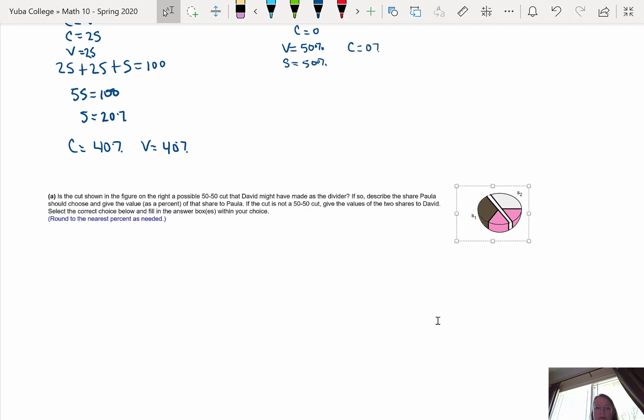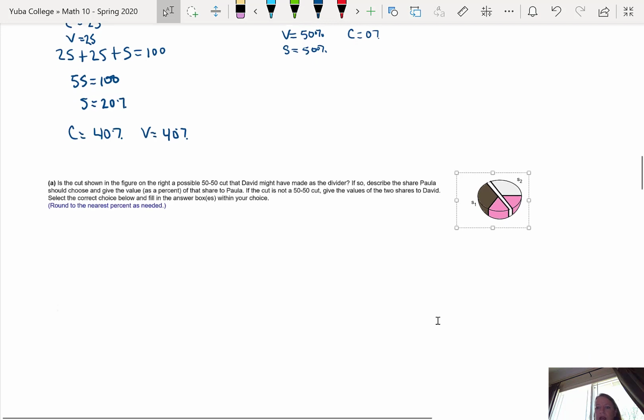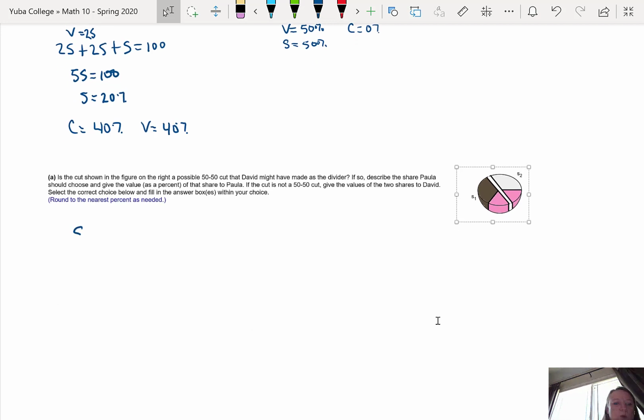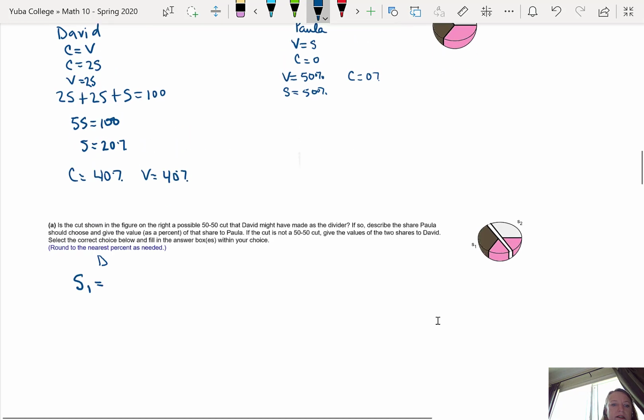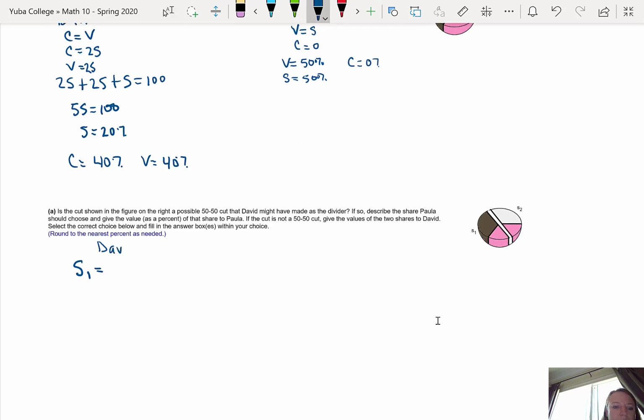So if I'm looking at S sub 1, this is all of the chocolate, and all of the chocolate for Dave is worth 40%.